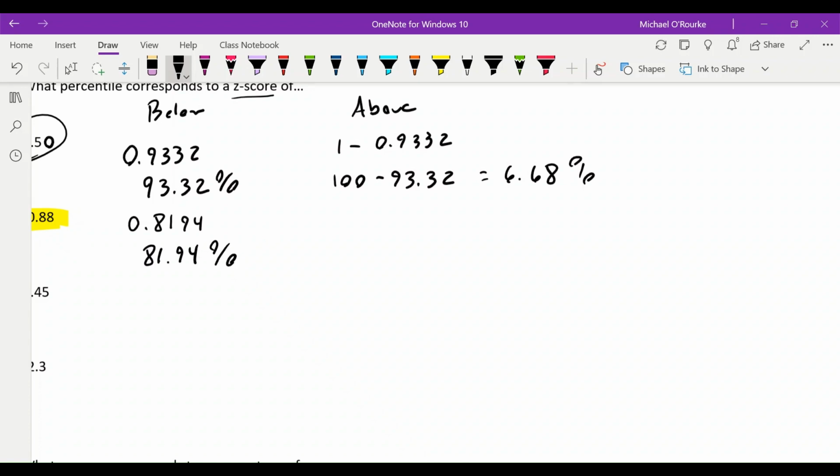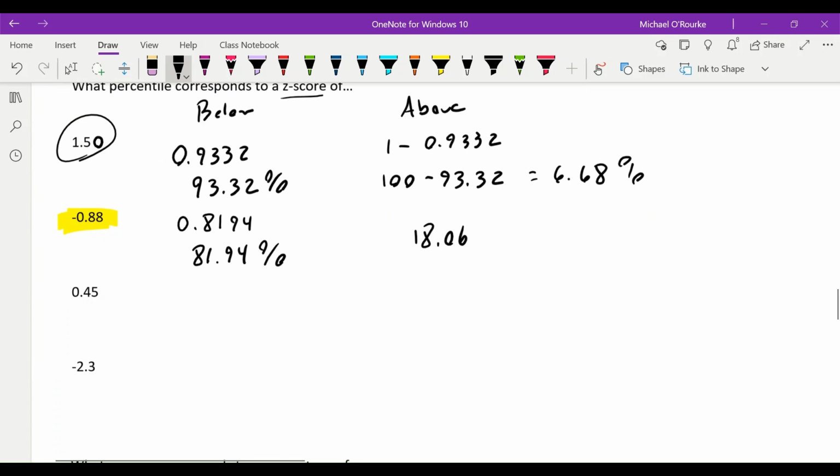So above, I'm going to take 100 and minus off 81.94%, which is 18.06. Okay?